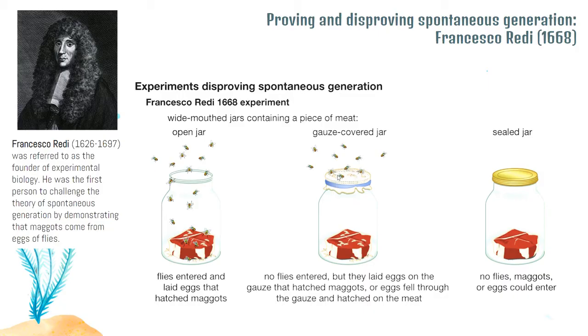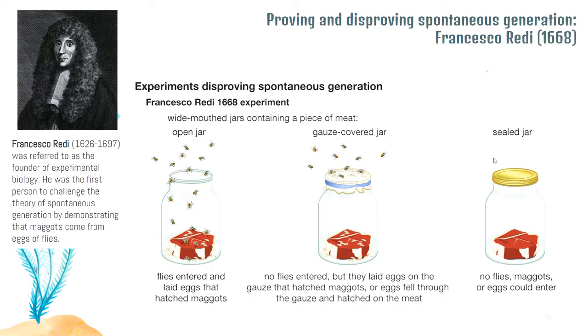Some of the eggs possibly fell through the gauze and landed on the meat. Then eventually, maggots still hatched from the meat. His third setup was a completely sealed jar, so no flies were able to enter and lay their eggs. Therefore, no maggots were developed from those.